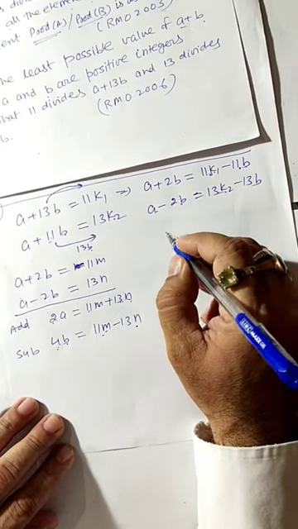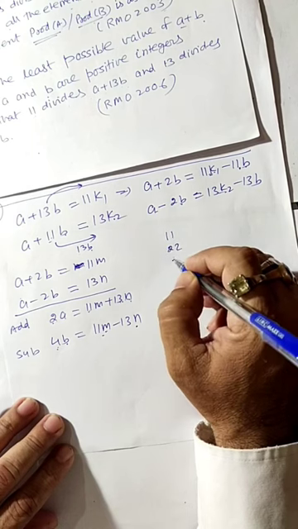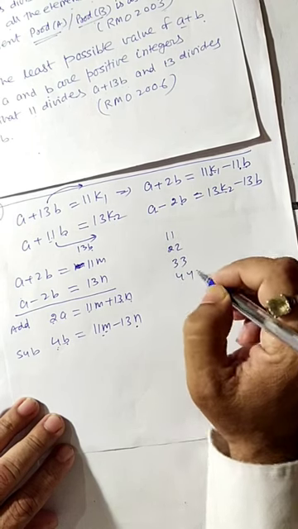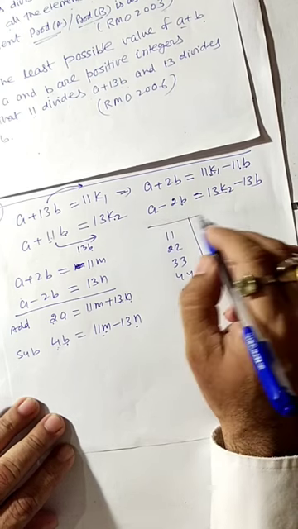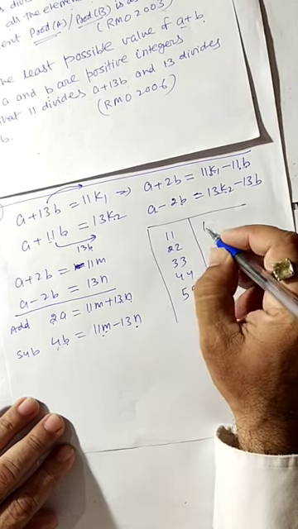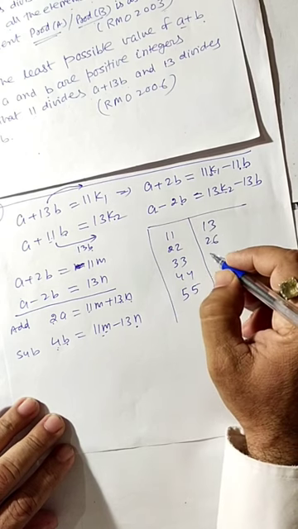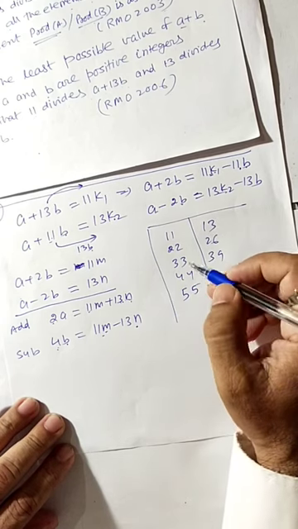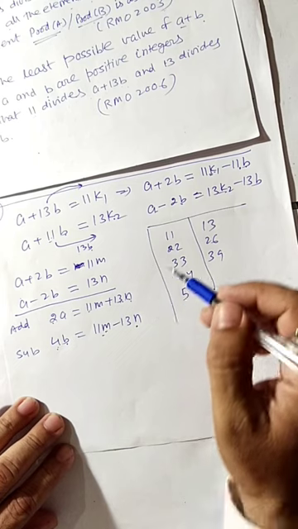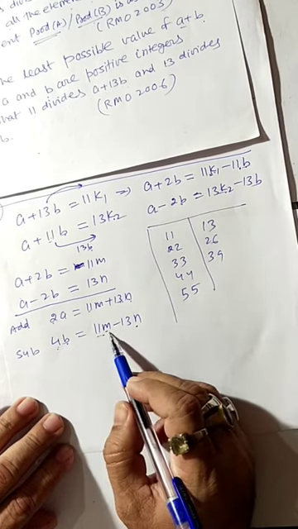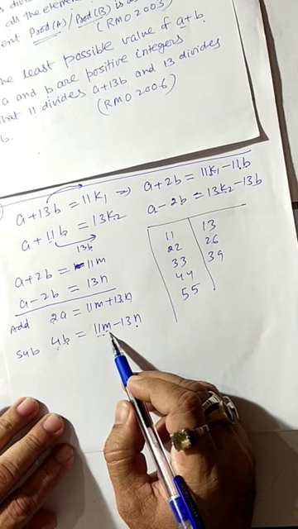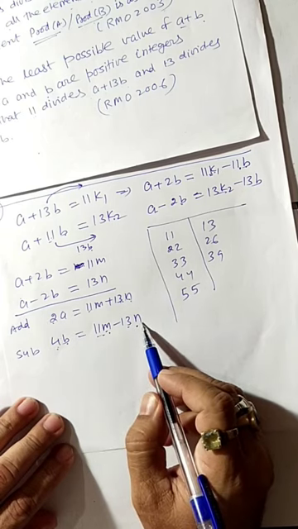Table of 11 is 11, 22, 33, 44, 55. And table of 13 we write here: 13, 26, 39. We have not to go very far. See, 11M should be more and 13N should be less.